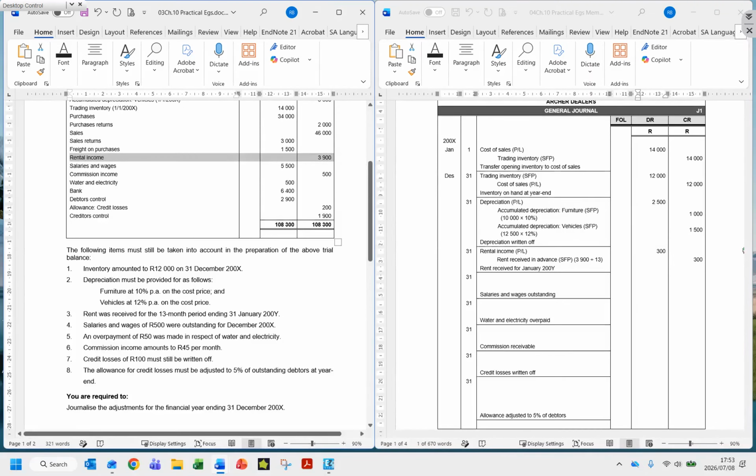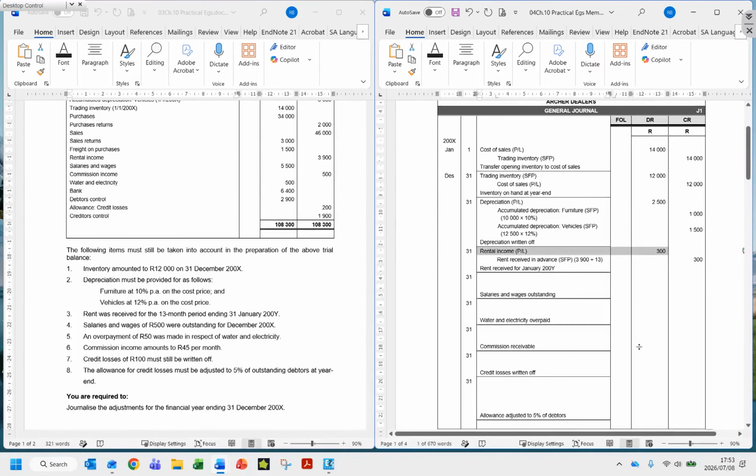I had a credit balance of 3,900. I debited the account with 300 Rand, which now means that my balance in my rental income account is 3,600 Rand, and that reflects the current year's 12 months rent received. That extra 300 Rand I've put away into a separate account because that belongs to next year's income.